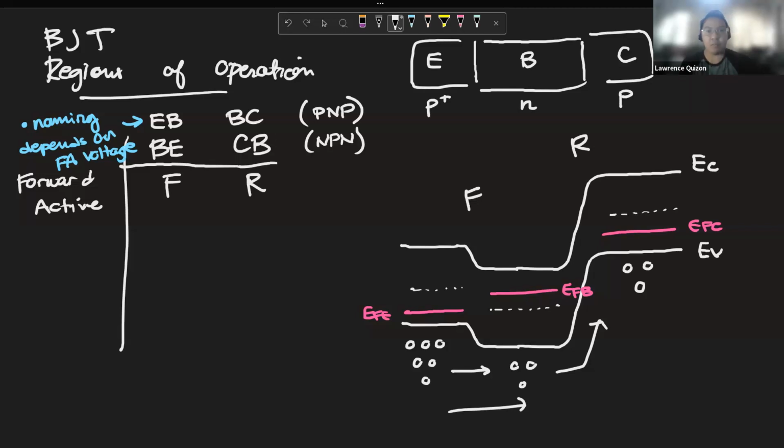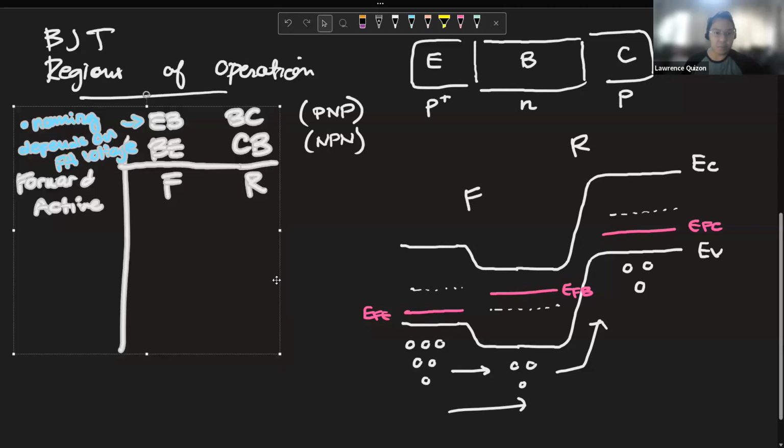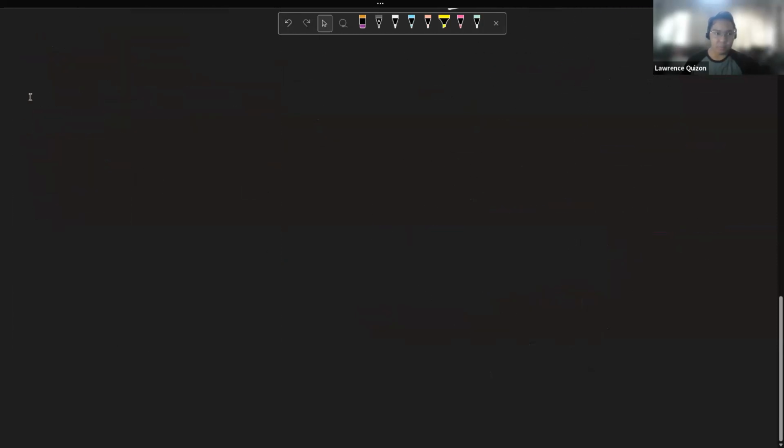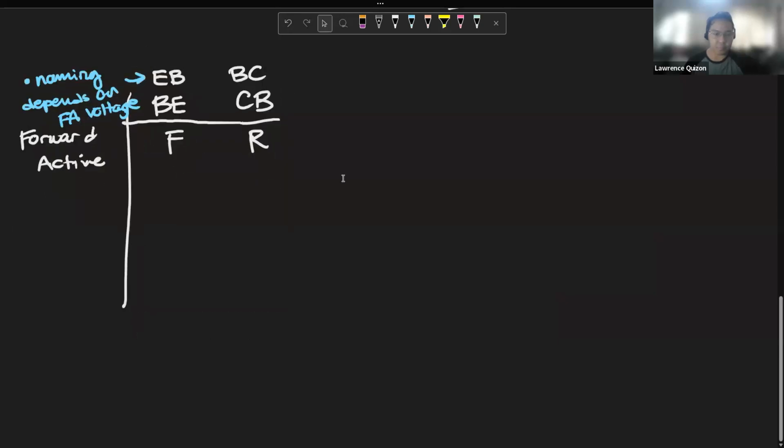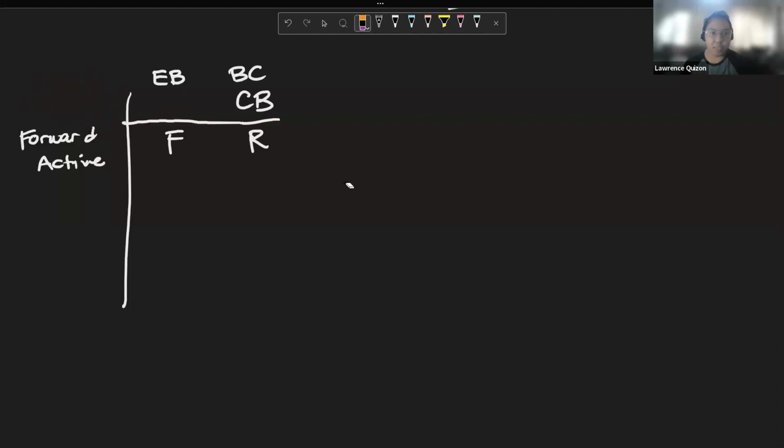So ngayon, we have the other regions of operation, and let's start with, let's copy paste this. And let's do all the examples with a PNP junction. No? So tatanggalin natin to.